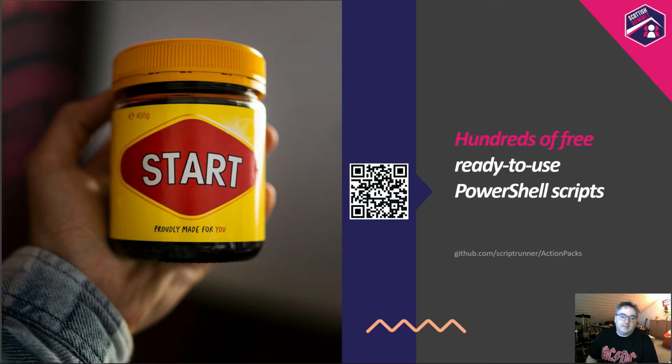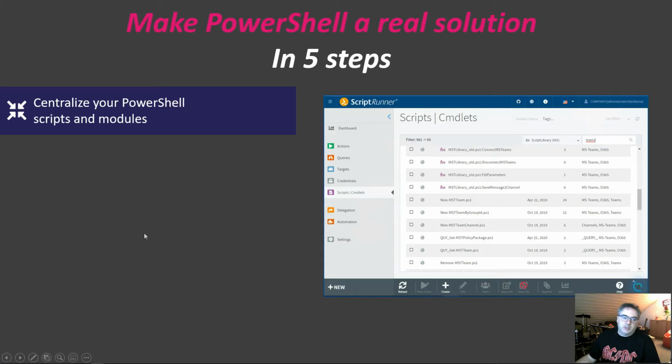And you can just take them, use them together with ScriptRunner or just natively on the command line. And it really helps you to see, okay, what is possible with PowerShell. It might even give you some inspiration about things that I haven't thought of, where I can use PowerShell. And it really is a good starting point if you're on the journey and using PowerShell.